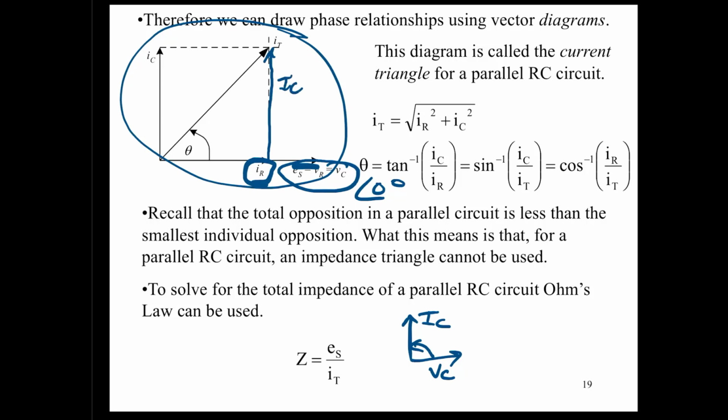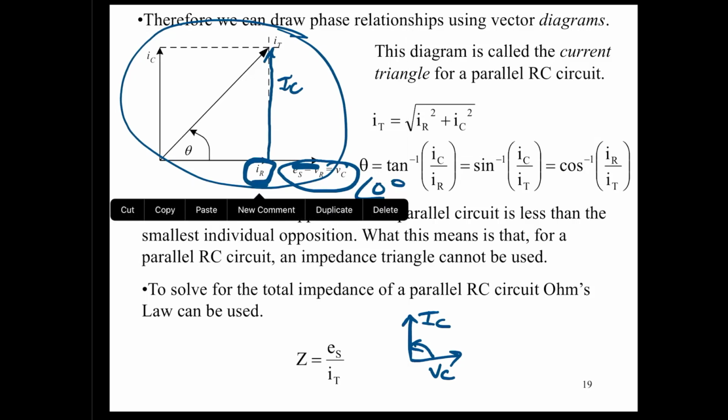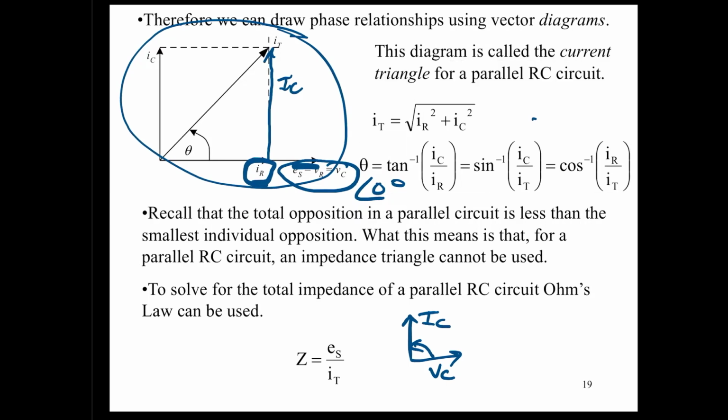The total current is the sum of the currents. When it comes to Kirchhoff's current law, we add the currents together to give us total current. The hypotenuse of this current triangle is found here as I total.